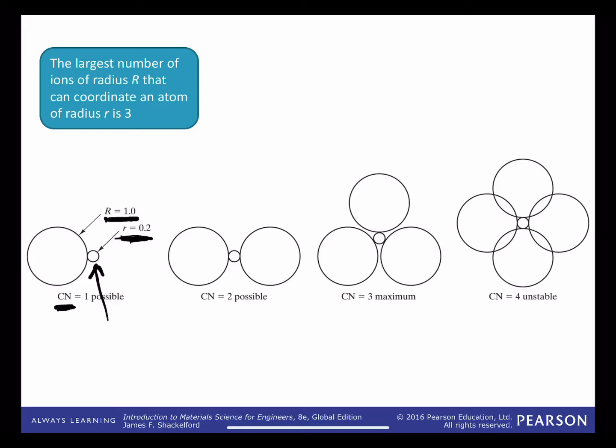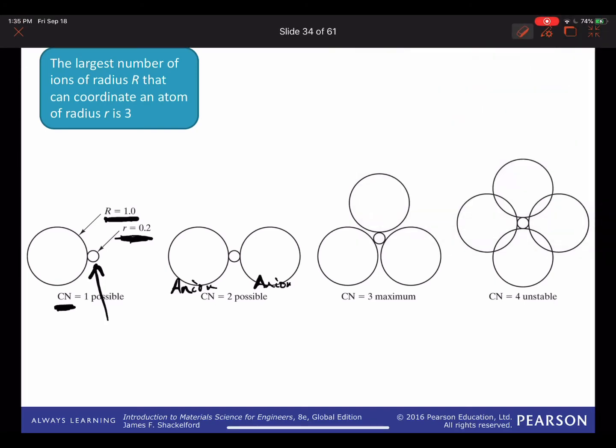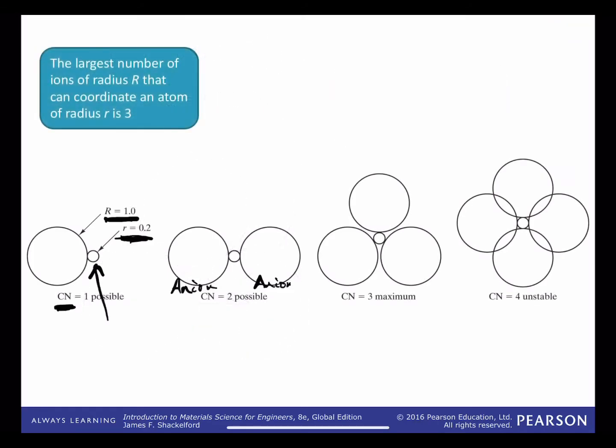So in this case, positioning two anions on opposite sides of the same cation is possible, and that would lead to a coordination number of 2. So that is the number of oppositely charged ions at this cation is 2. There are 2 coordinated anions.